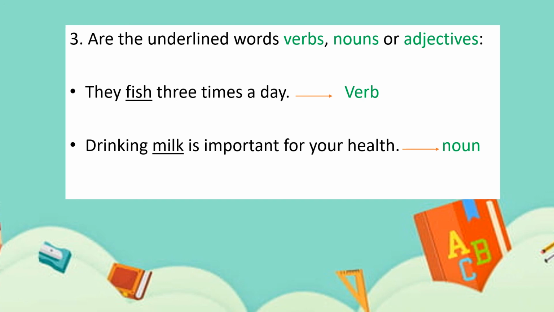Because it comes at the beginning of a sentence, which is together with the word drinking, and comes after it the verb to be is. So since it is followed by a verb, it will be a noun or an adjective. So it's impossible that it can be an adjective. So it's a noun.